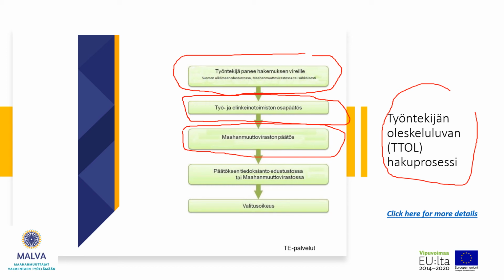After this, the notification by the Finnish diplomatic mission or the Immigration Service that the decision is positive or negative. If it is positive, then you will get the residence permit card within 4 weeks or more, depending upon the situation. Or if it is negative, then you have the right to appeal the decision.